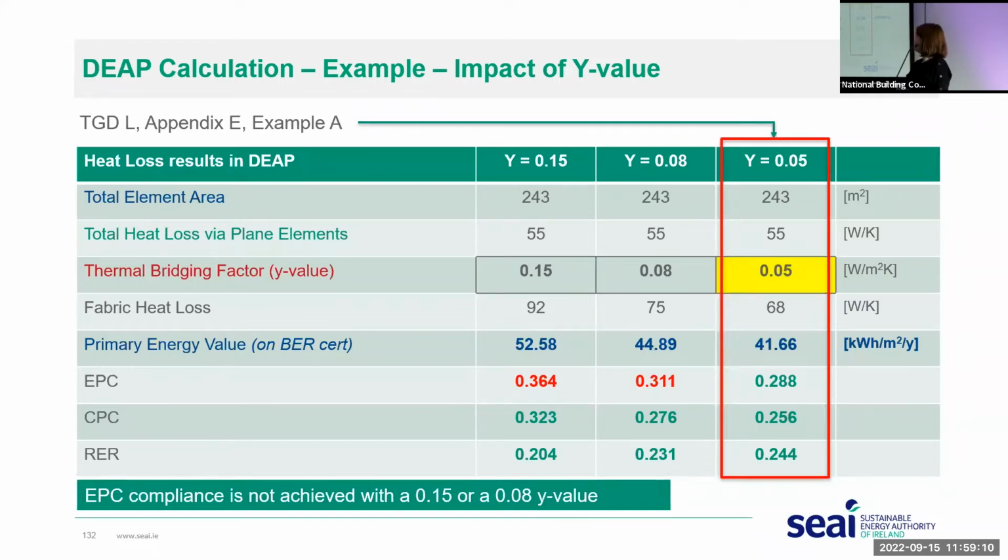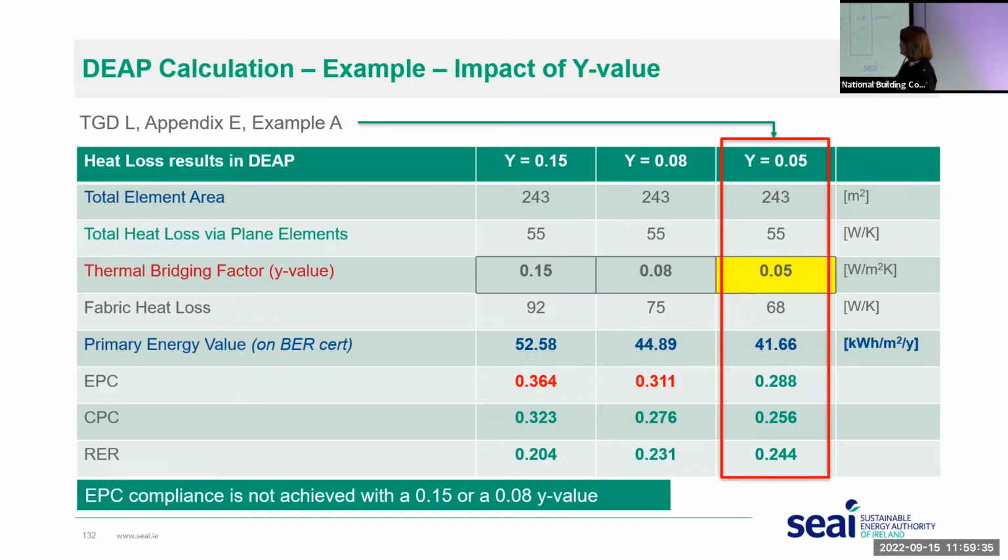So just looking at the impact of the thermal bridging factor, I've used the example from the technical guidance document to illustrate this. The calculation has been carried out using a 0.15 Y value, a 0.08 for the ACDs, and a 0.05. And you can see the impact on the fabric heat loss.